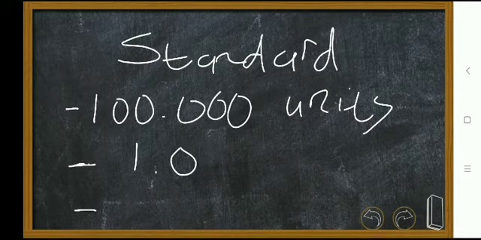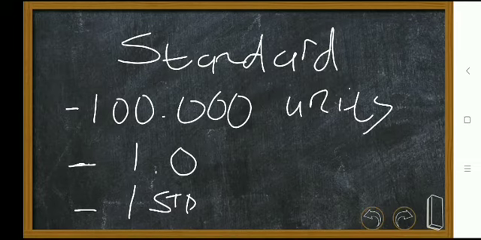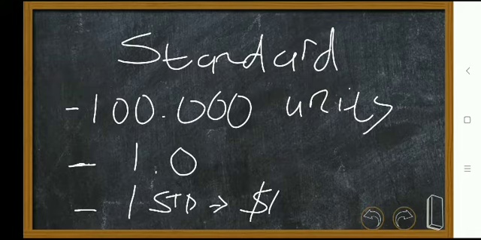In general, remember we have different currency pairs, and they have different weight, if I may put it in simple terms. But in general, one standard lot is equivalent to $10 per pip.